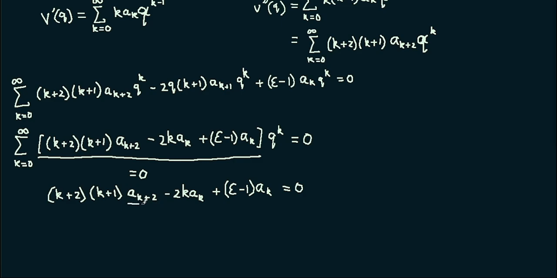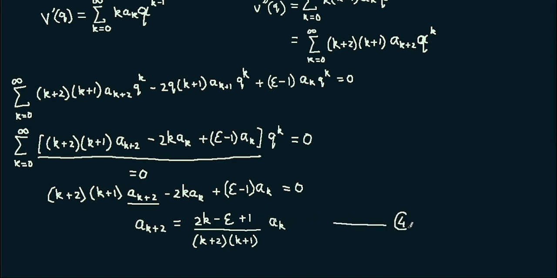Now, if we try to solve for a_(k+2), what we would get is a_(k+2) is equal to this. So a_(k+2) is related to, and based upon, the value of a_k. So this is a recurrence relation, which we will call equation 4.